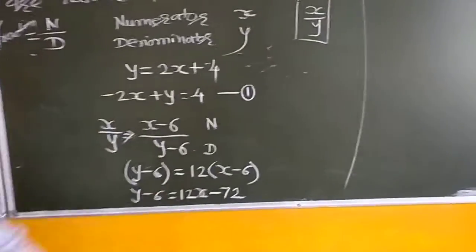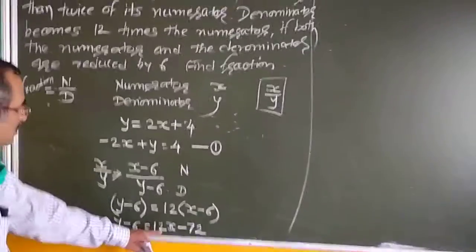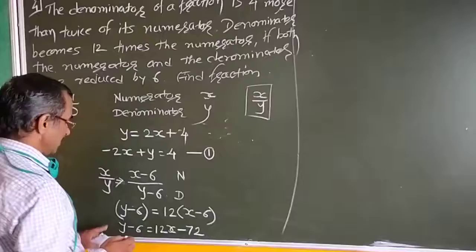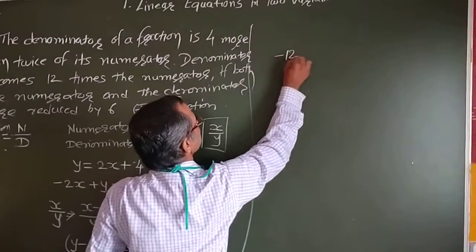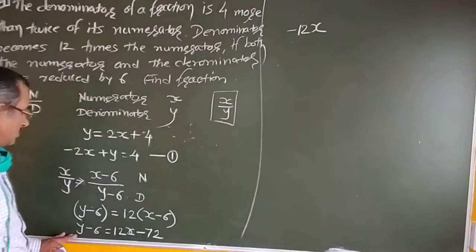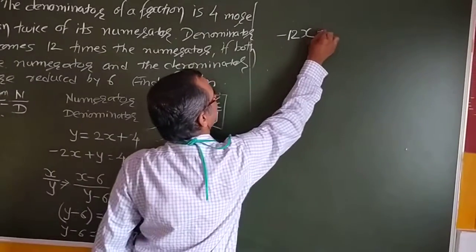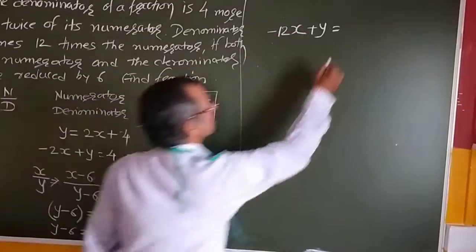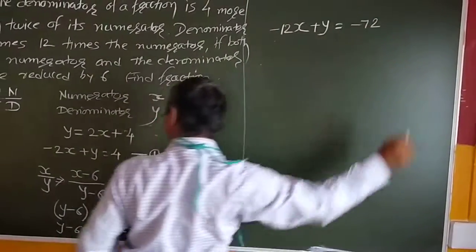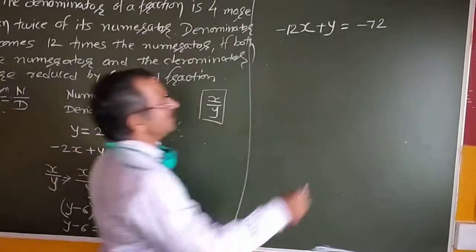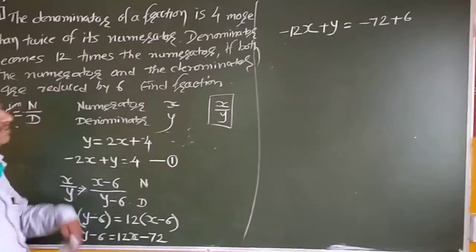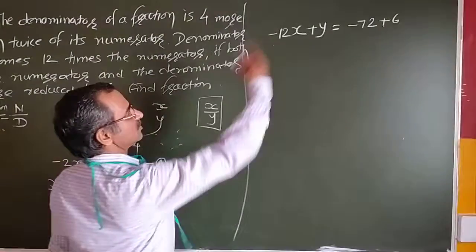Okay. Then by rearranging the equation, minus 12x, this 12x comes here, minus 12x, y remains as it is, minus 72 remains as it is, and this minus 6 goes to that side, it will become a plus because the minus sign changes.